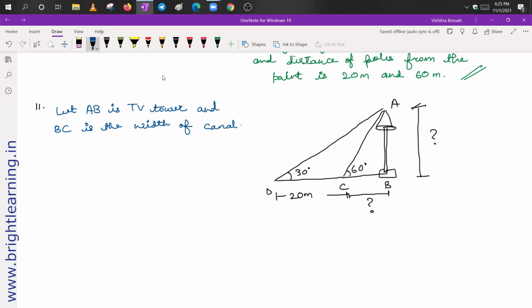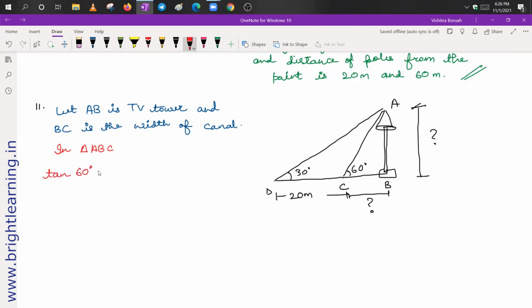Okay. So now next, first we will take triangle ABC, that is this triangle. So in triangle ABC, this angle is given. This distance we have to find. We also have to find this distance. Okay. So we will use the trigonometric ratio, that is tan. So in tan, both perpendicular and base are occupied here. Okay. So we can use tan 60 degree.